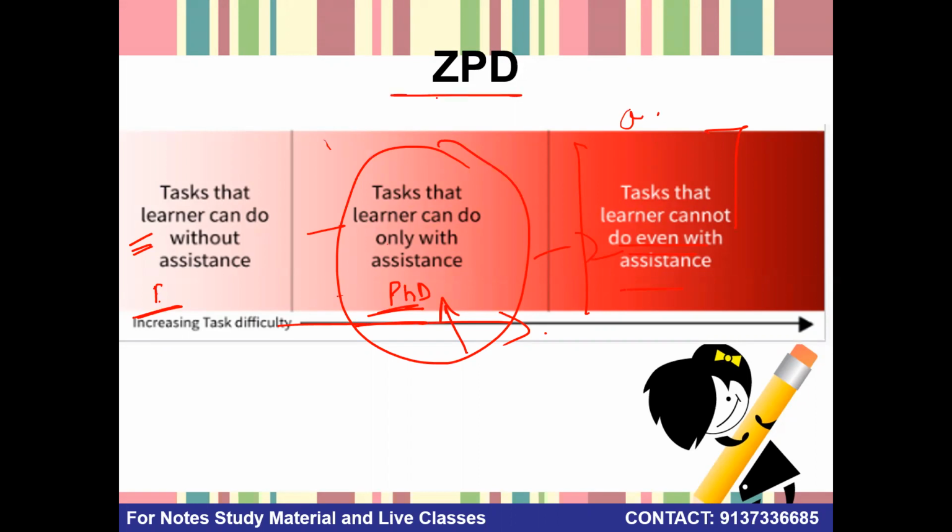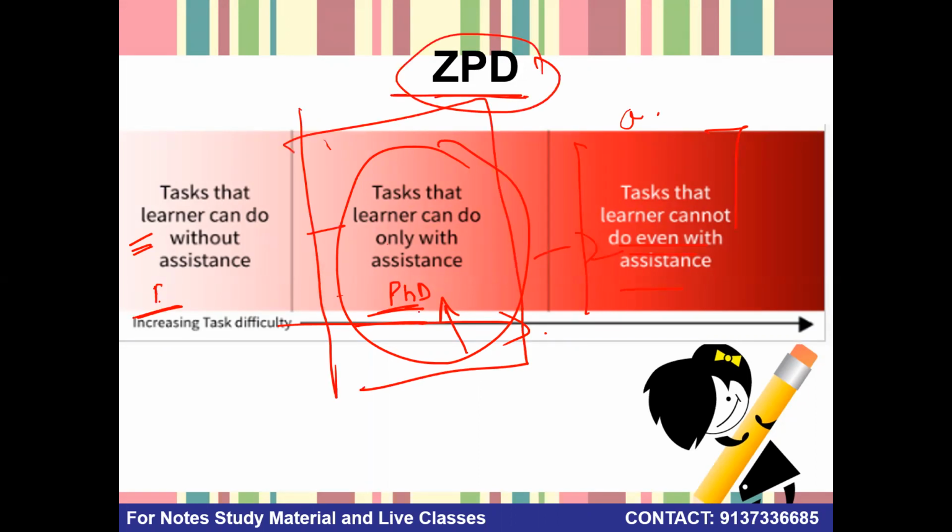So what is the zone of proximal development? Zone of proximal development is scaffolding. Lev Vygotsky gave the concept of MKO, more knowledgeable other, a person who guides us and expands our capability.